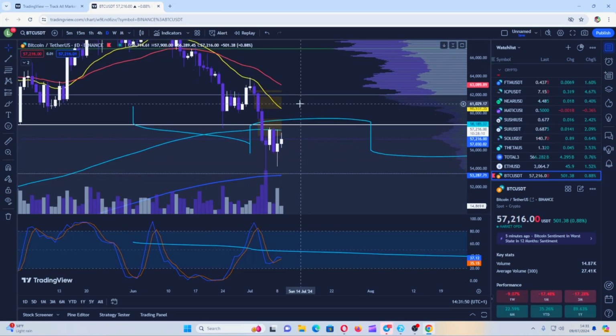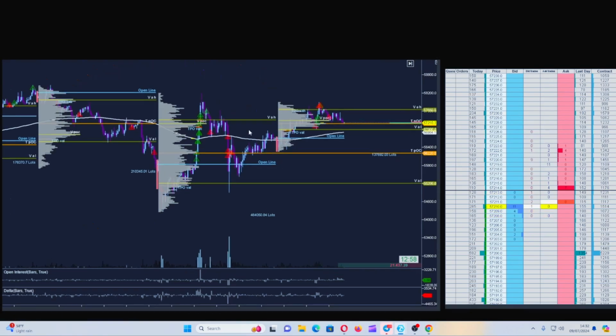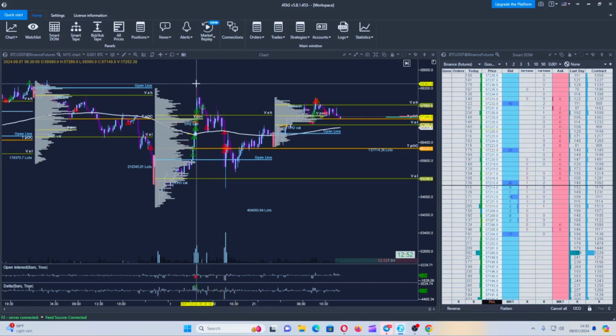So the reason I was saying take a short is, got this here, yeah? 58,231. Let's go back into ATAS. Right. 58,200, round the area. Yeah. Open line is around 58,231 around that area, yeah.